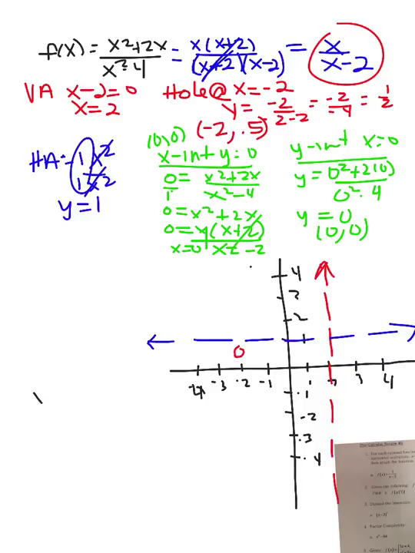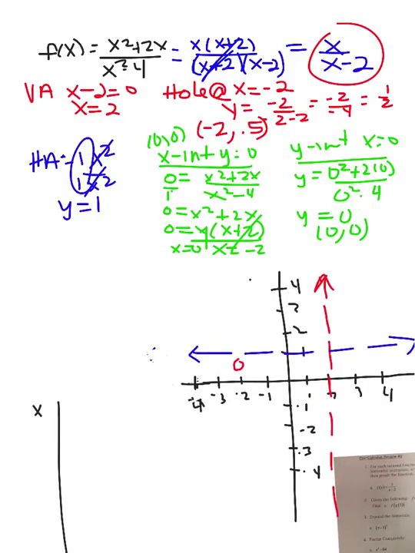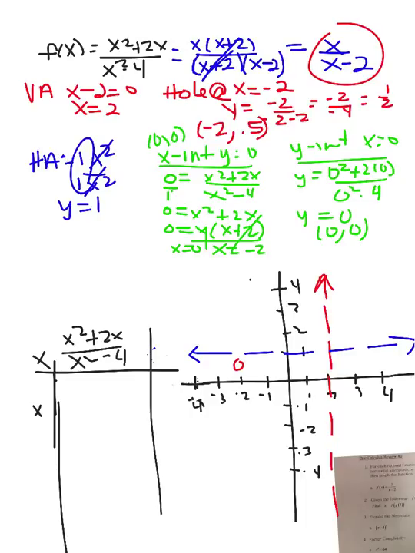Okay, so we're going to have an x column. I'm just going to make a little bit more room here. All right, so I have x, I'm going to use x squared plus 2x over x squared minus 4, and y.